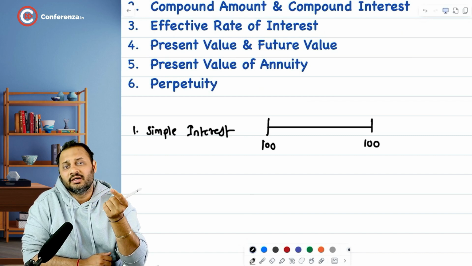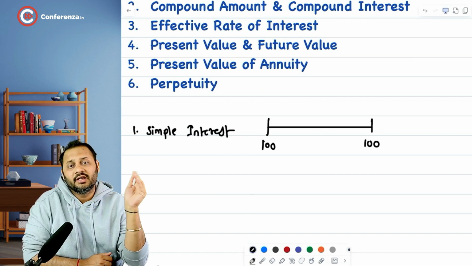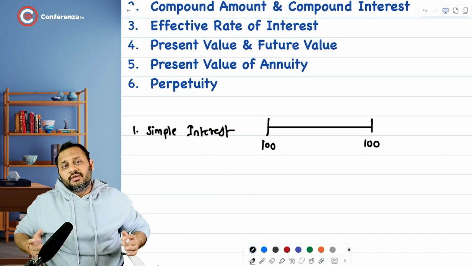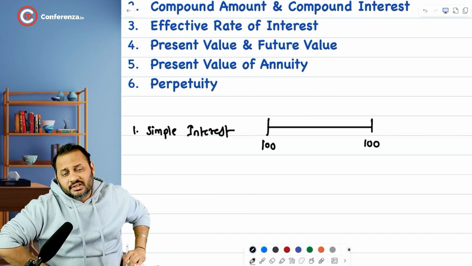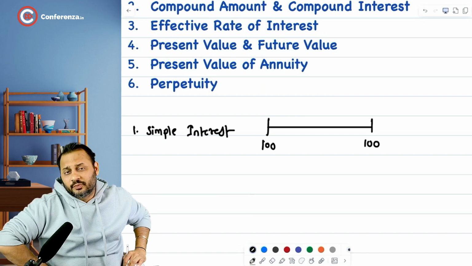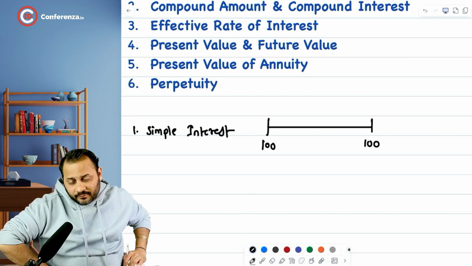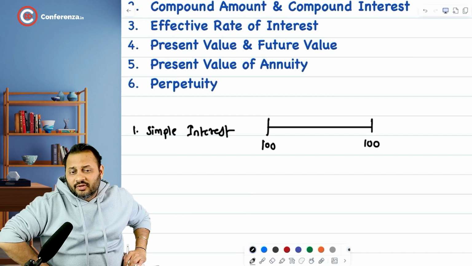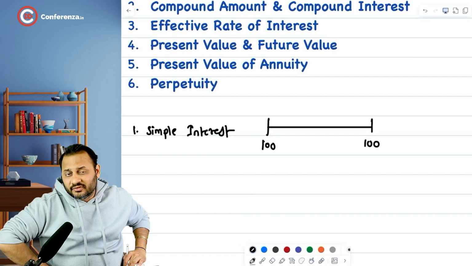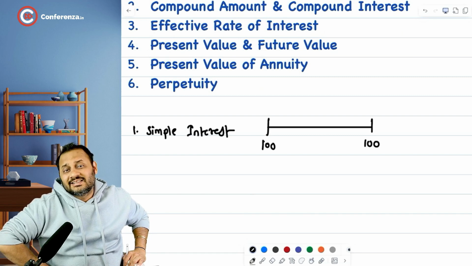You can take these 100 rupees today or you can take it after a year. Now which option will you choose? Any rational person will choose the first option, because anyhow you are getting 100 rupees only. So in both the options, if you are getting 100 rupees but the time is different, it's better to take it as soon as possible.